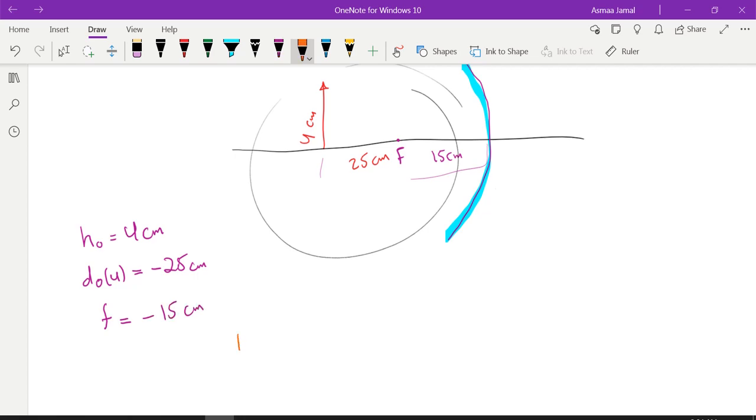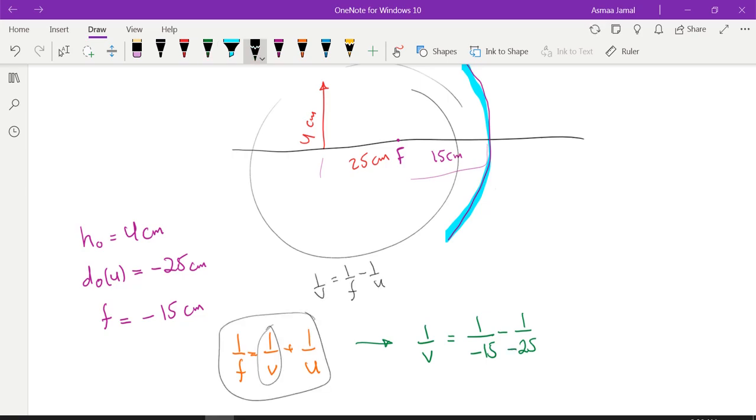By using this formula, 1 over f equals 1 over the image distance plus 1 over the object distance, we can say 1 over the image distance equals 1 over the focal length, which is here minus 15, minus 1 over the object distance, and it's always negative since it's to the left.